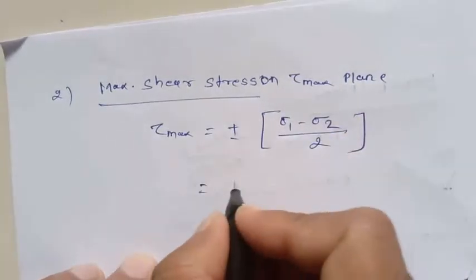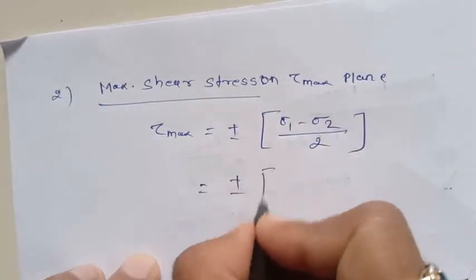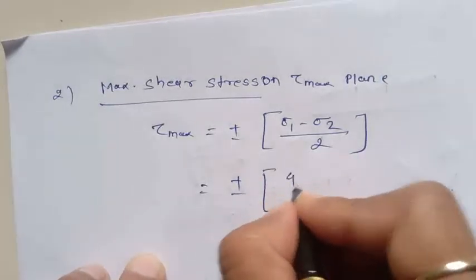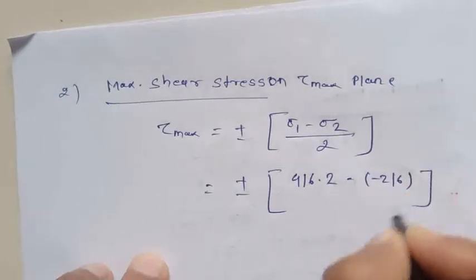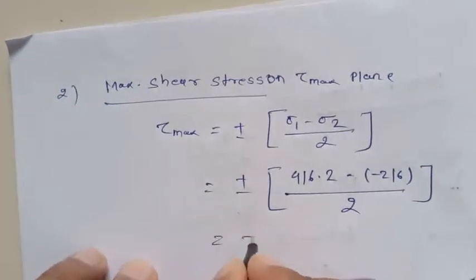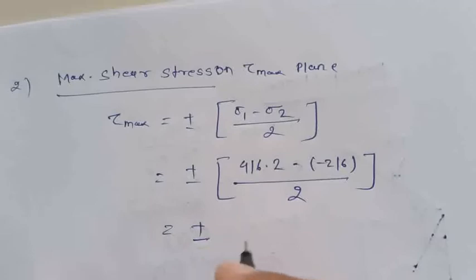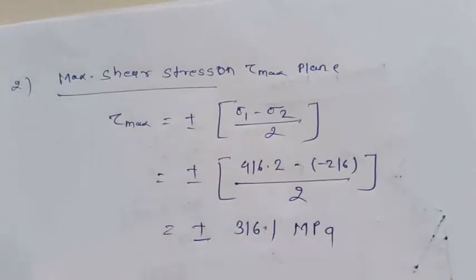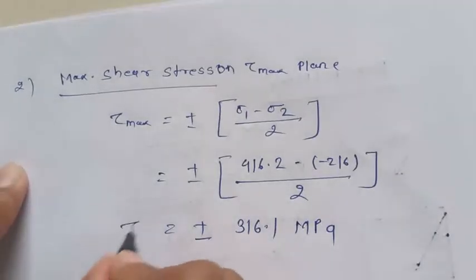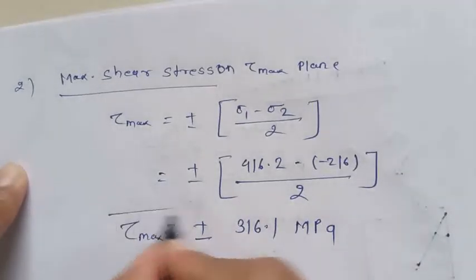If you put the value of sigma 1, you will get 316.1 megapascal. This is nothing but the tau max.